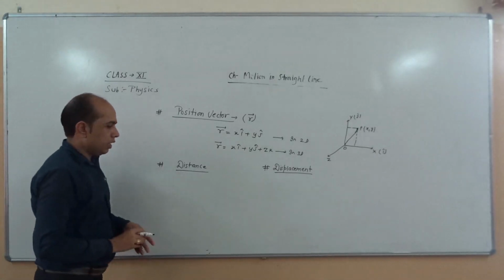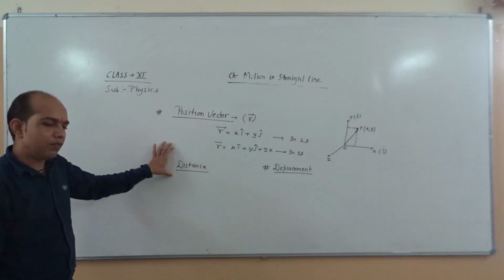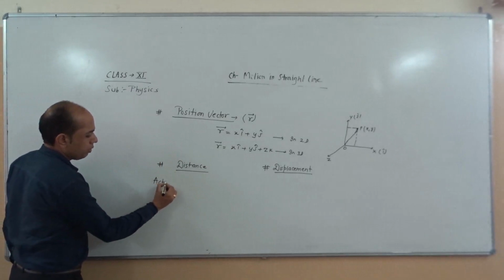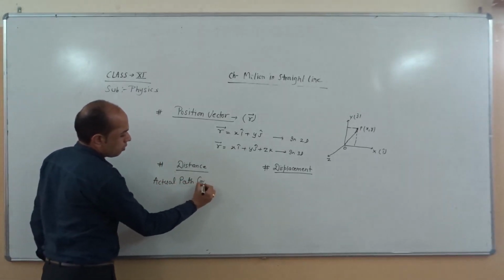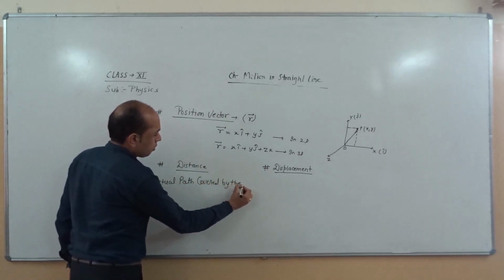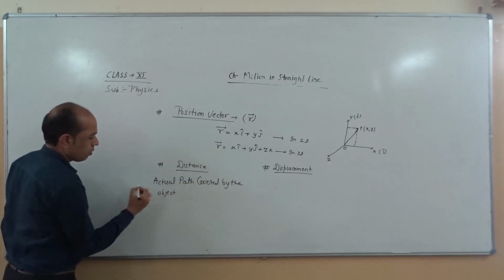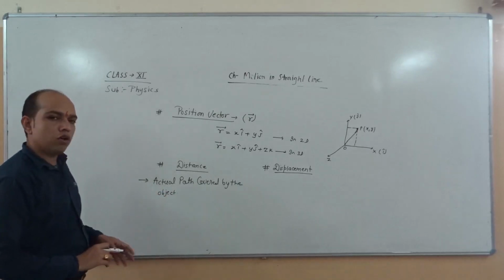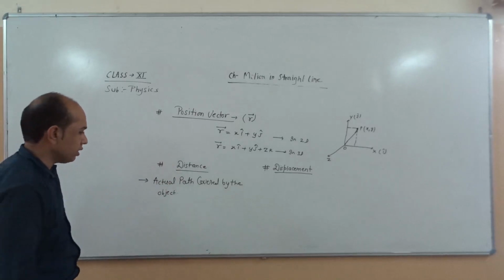First of all, we see what is distance, how to define distance in our daily life. Distance means the actual path covered by the object during the time interval. This is called distance.